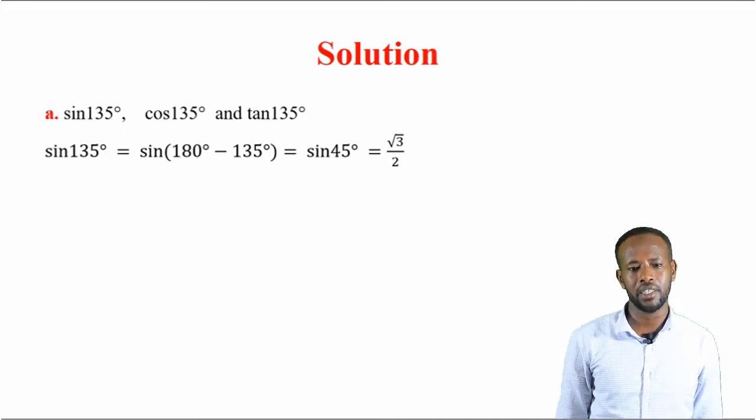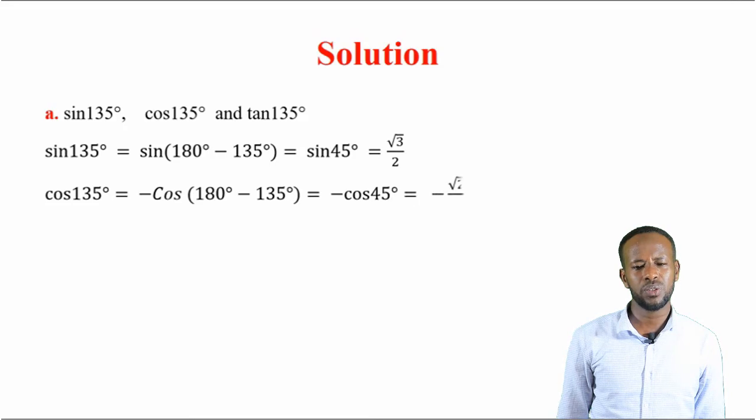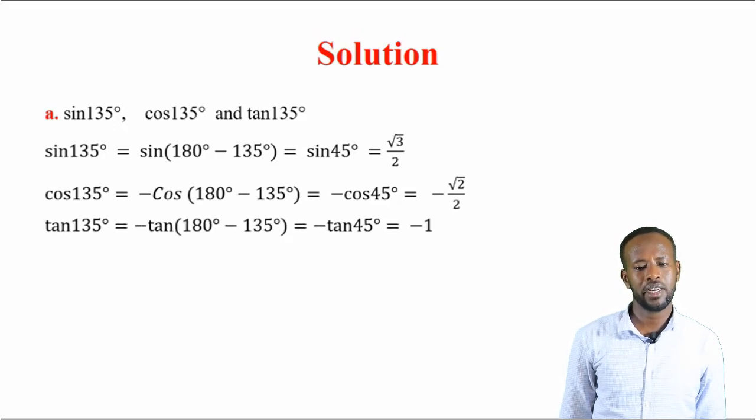So 180 degrees minus 135 degrees gives sine of 45 degrees. Sine of 45 degrees is radical 2 over 2. Cos of 135 degrees is negative radical 2 over 2. And tan of 135 degrees is negative 1.